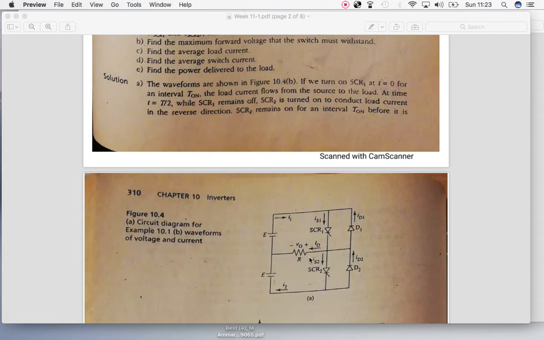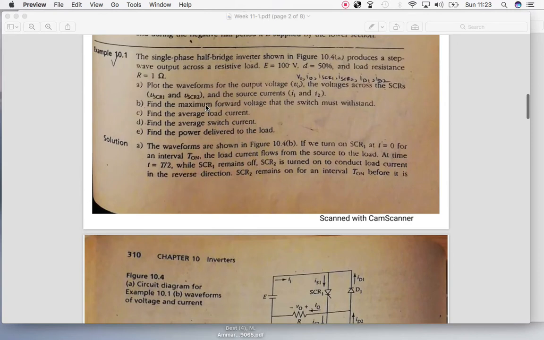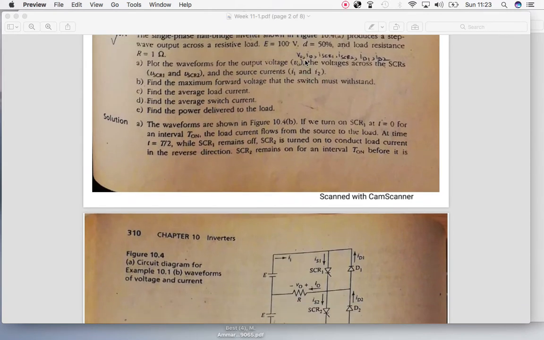We have the load resistance over there, and we have to calculate these entities. Firstly we have to plot the output voltage and the output current at the load side. We have to plot their waveforms, and then also the waveforms of currents on the two SCRs as well as on the two diodes over there.